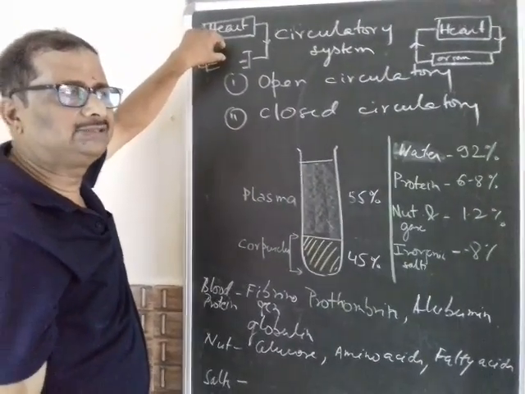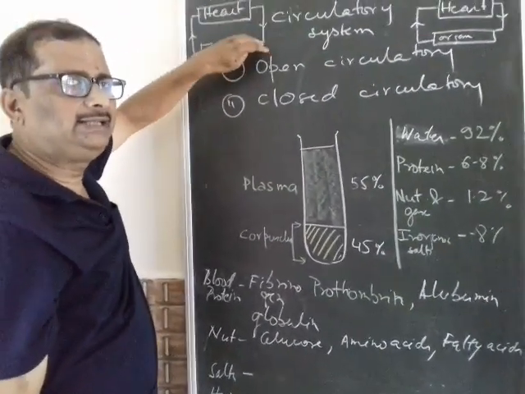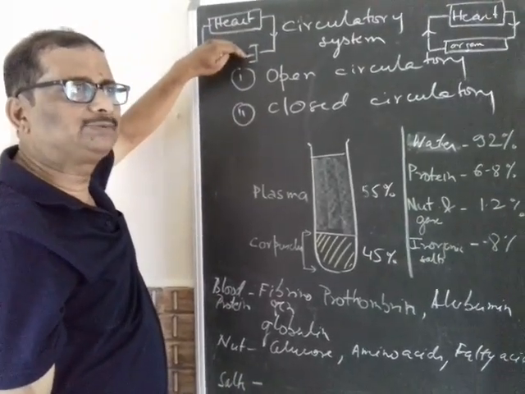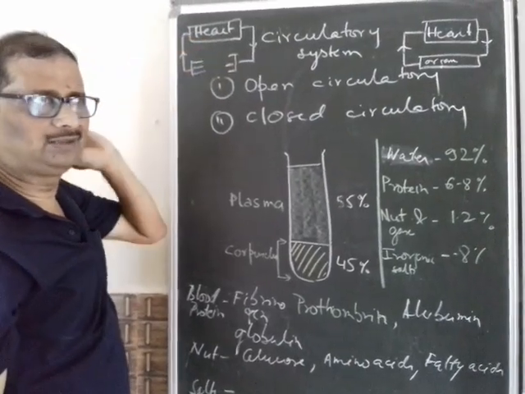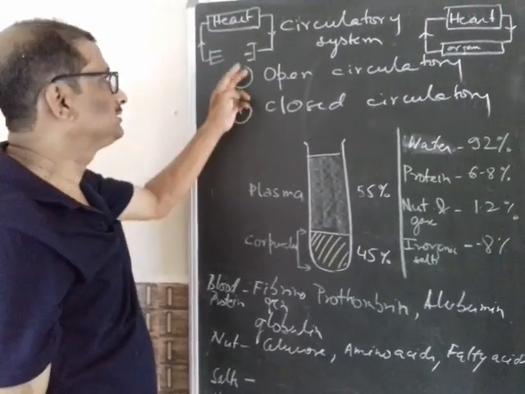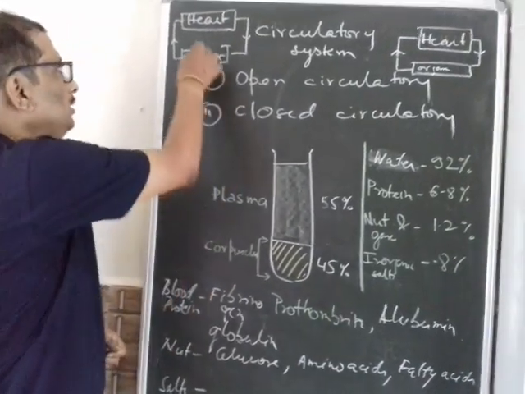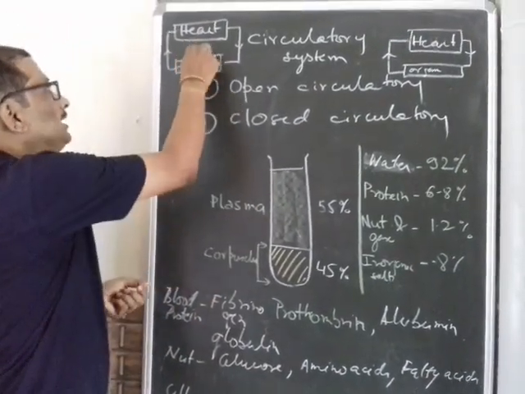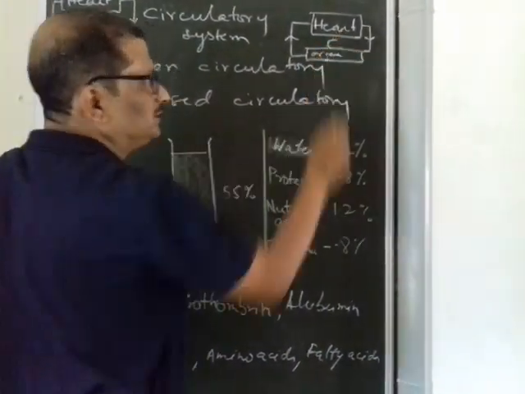That means the blood vessels are not there in the tissue fluid. It is directly the blood or blood-like substances like hemolymph that flow into the tissue fluid, and from the tissue fluid it is collected, but there is a breakage. This type of circulation is called open circulatory. I am writing it with O, and this I am writing C, closed circulatory system.